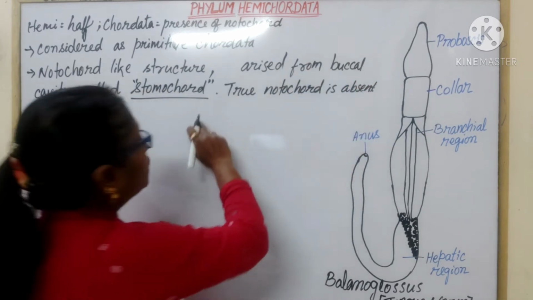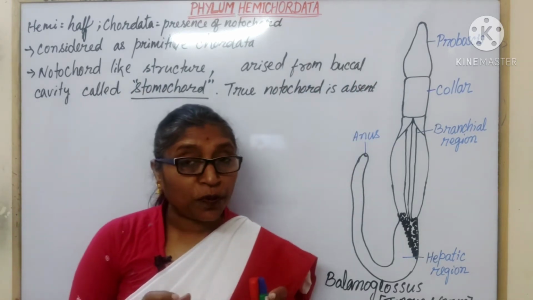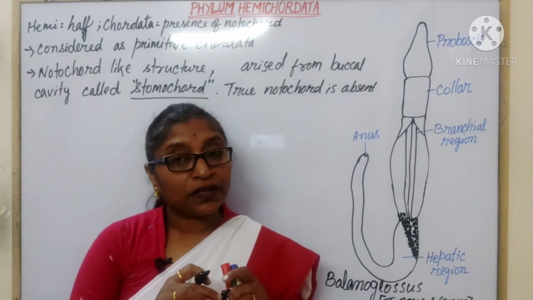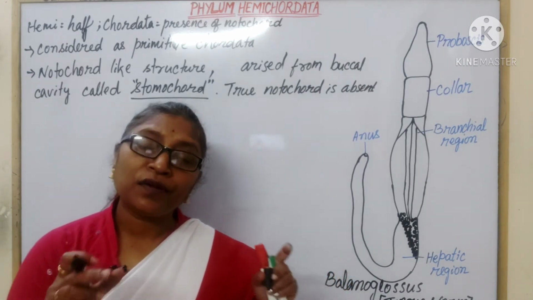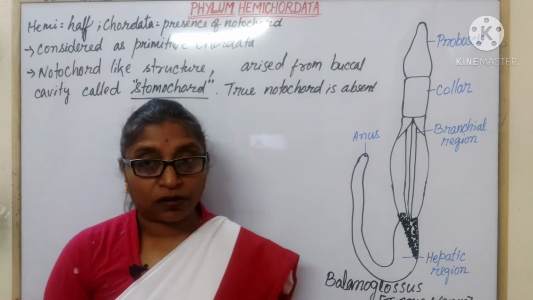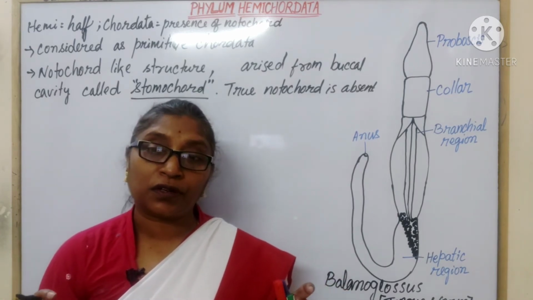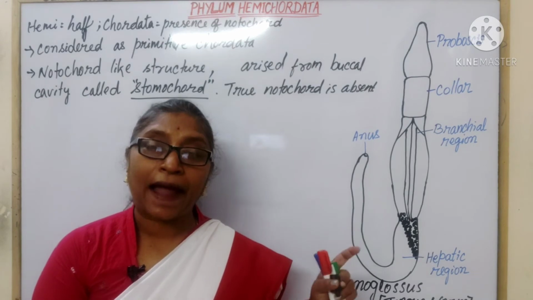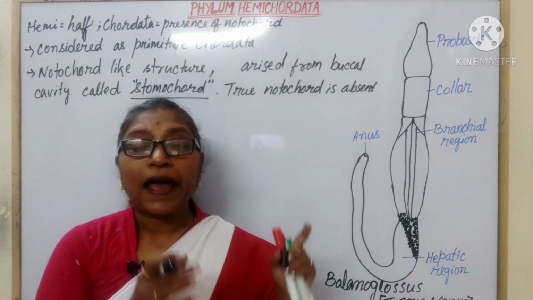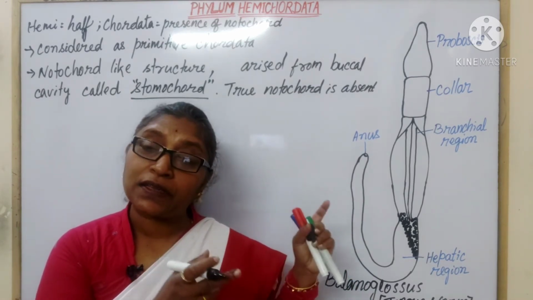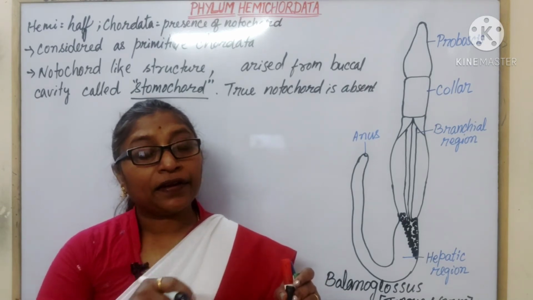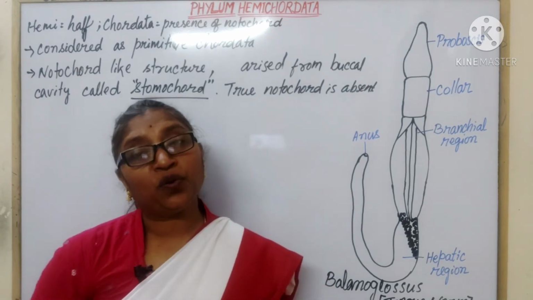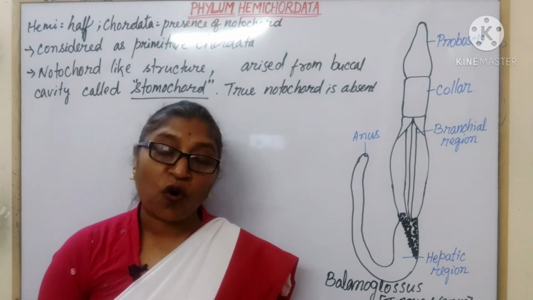Stomo means mouth, chord means the chord-like structure. The stomochord is somewhat similar to notochord, so it was mistaken for the notochord. So, these animals were previously known as the primitive chordate.